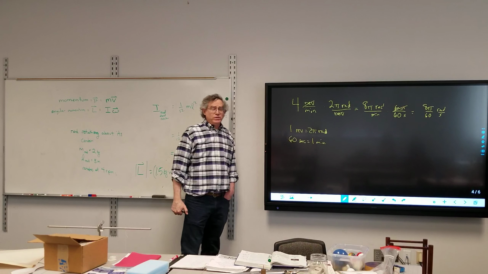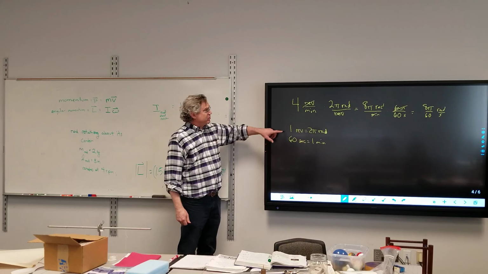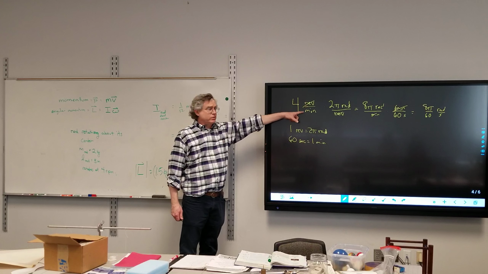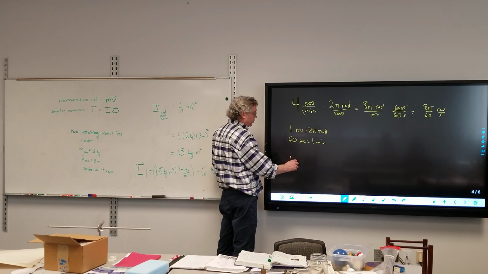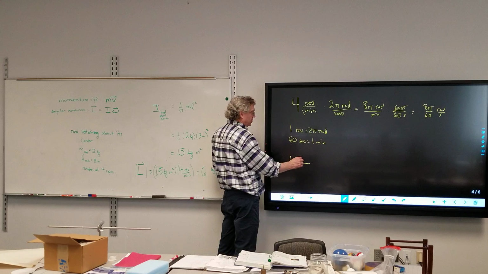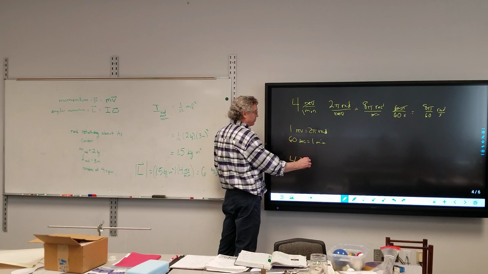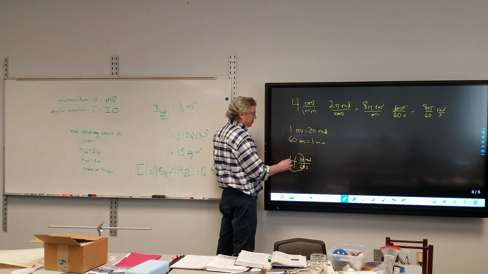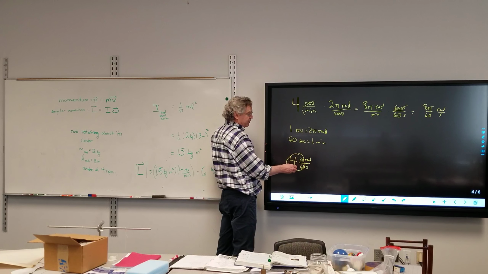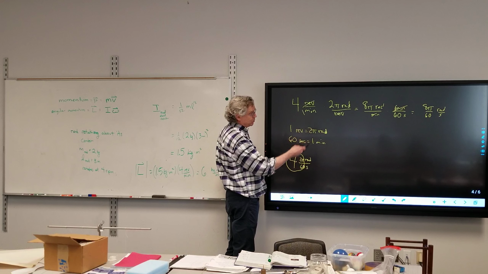So what I'm going to do, instead of writing it out like that, I'm just going to replace the units here. So that 4 revolutions becomes 4 times 2 pi radians, because that's a revolution. And a minute, that's 60 seconds. So there's the math problem right there, 4 times 2 pi divided by 60, which is in essence what we have right over there.